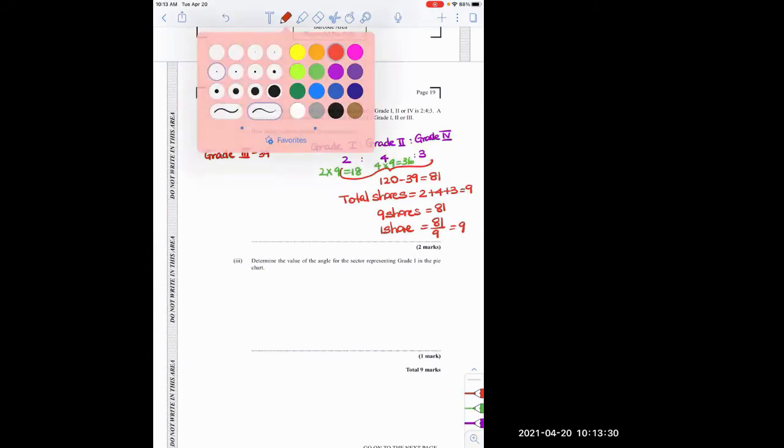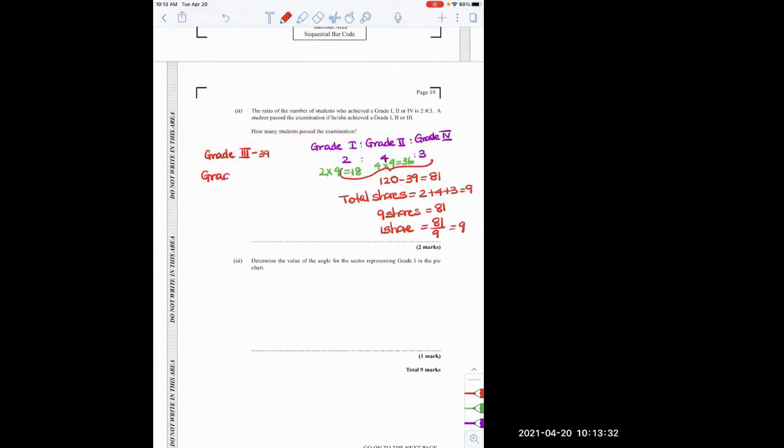So the number of students who received grade 1 is 18, grade 2, 36. So the total number of students who passed is 39 plus 18 plus 36, which is equal to 93. Did you all get that?